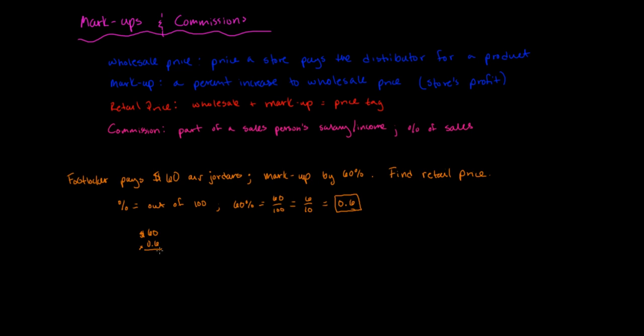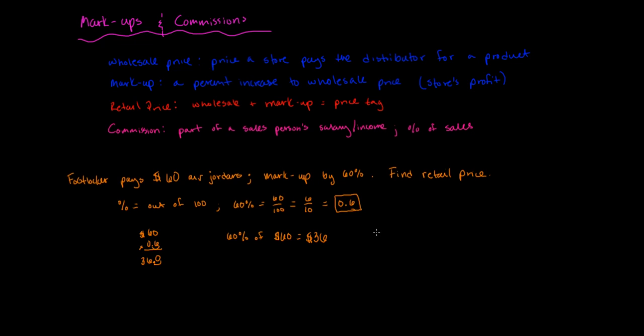We're multiplying. 6 times 0 gives me 0. And 6 times 6 gives me 36. I had one decimal point here, so I'm going to add 1 decimal point over here. So if I multiply those two together, I know that 60% of $60 is equal to $36.